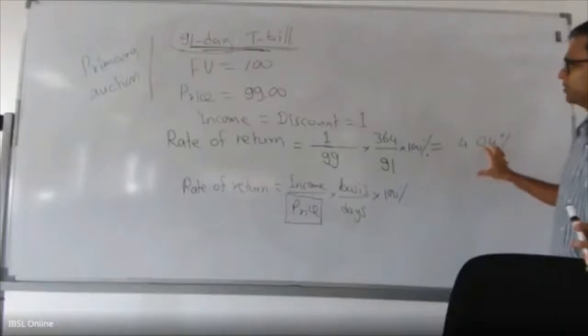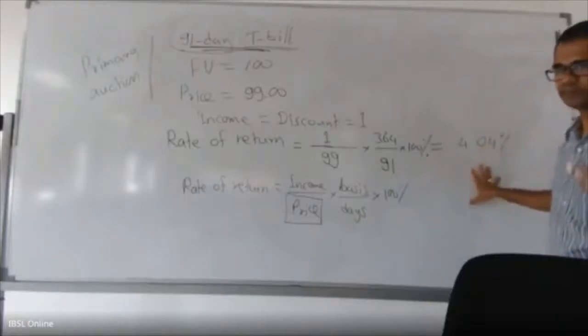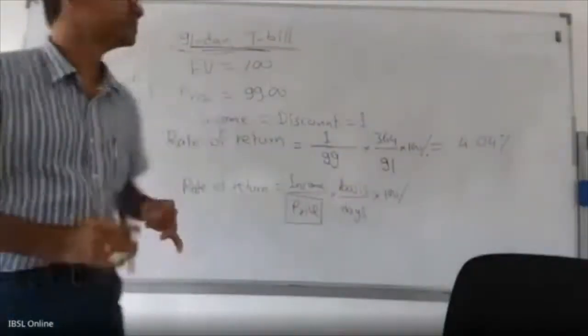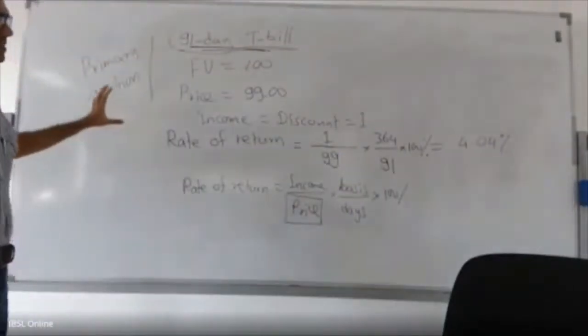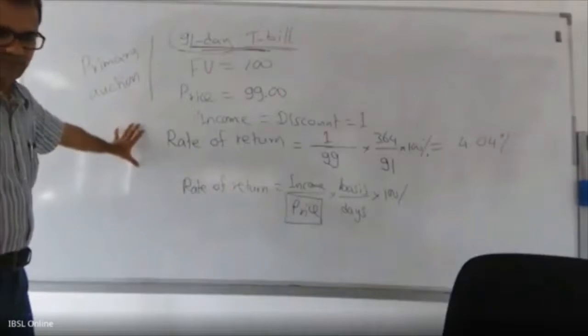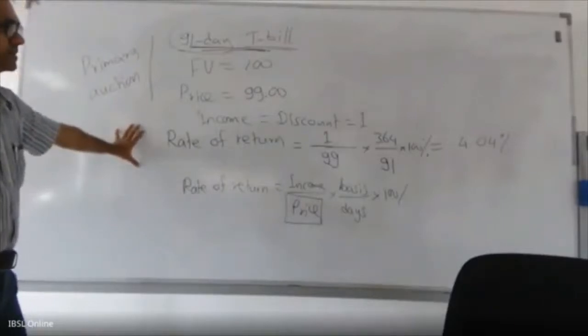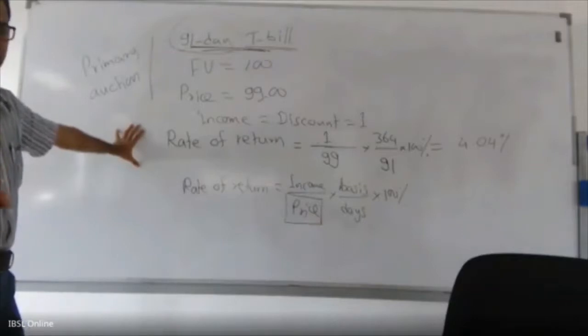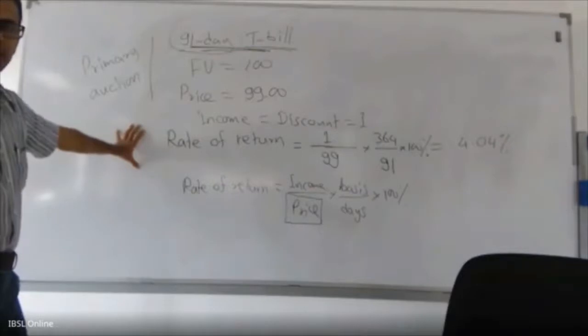Yes, sir. Okay, now this is 4.04. Now assume this investor sold it at 99 for the second investor after 20 days. What is his rate of return?